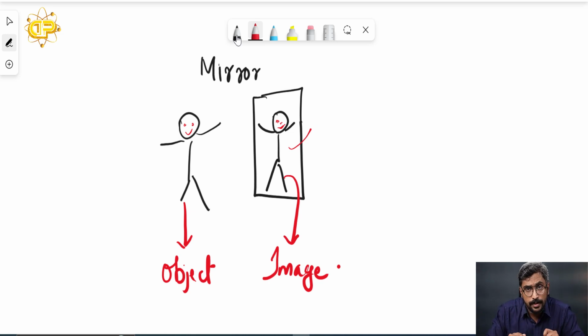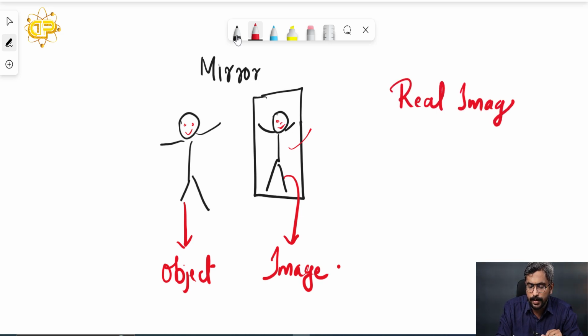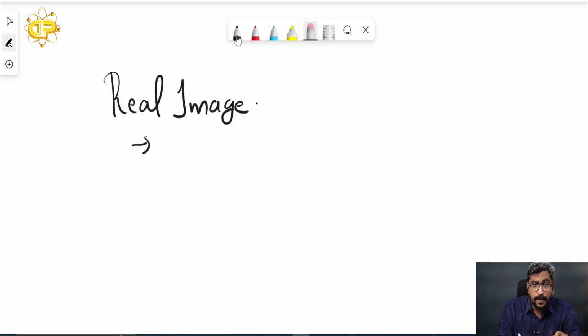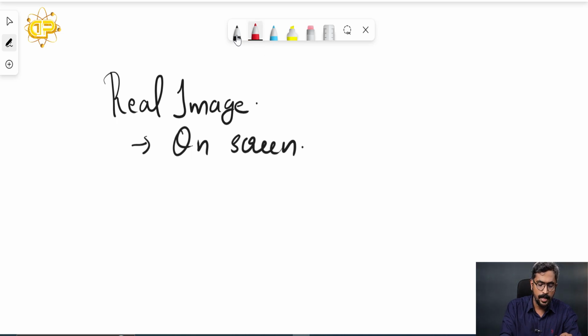When you study mirrors, you will come across very important terms: real image and virtual image. What do you mean by real image and virtual image? A real image is something which is obtained on a screen. For example, I'm placing a candle here, and a mirror here.